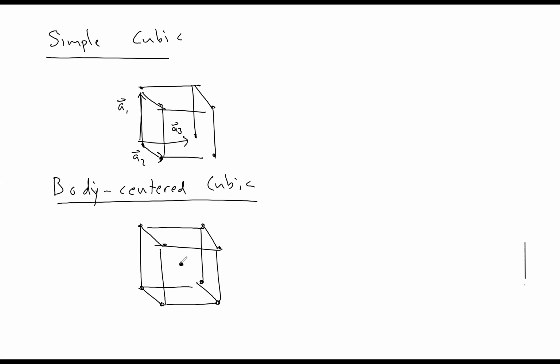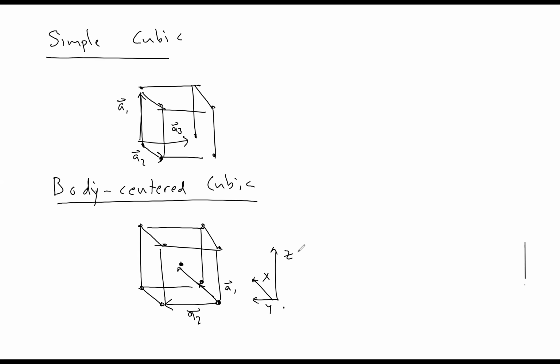It's in the center of the body of the cube. A common choice of lattice vectors might be A1 here, A2 here, and then A3 will go from this point of the cube to the center of the body. And here my axes look like this.